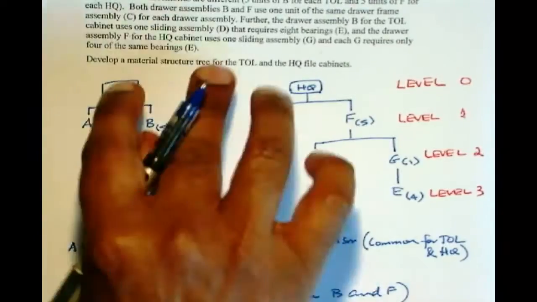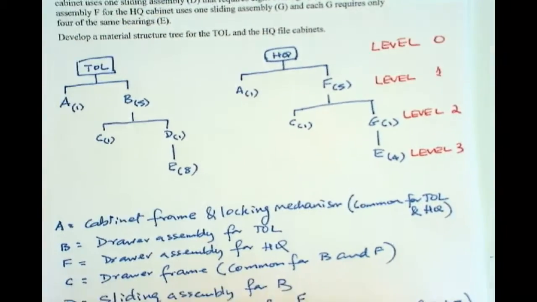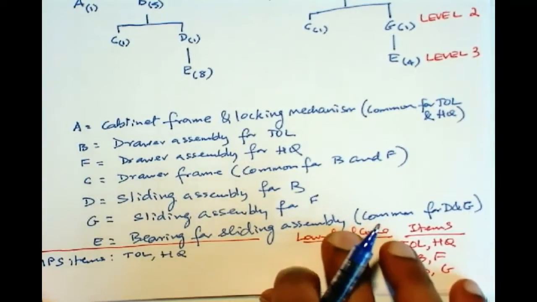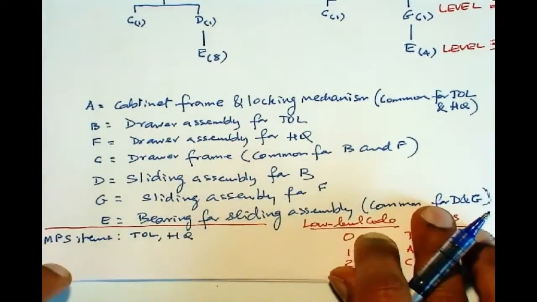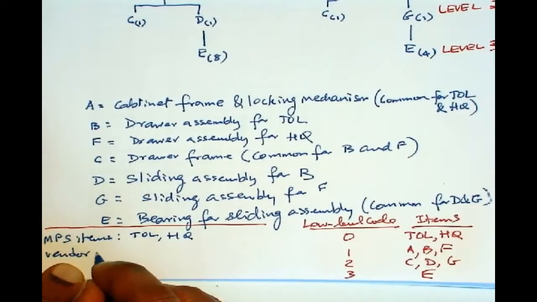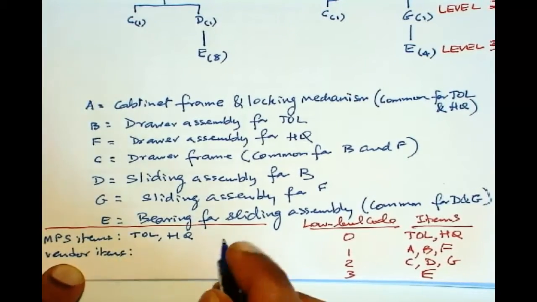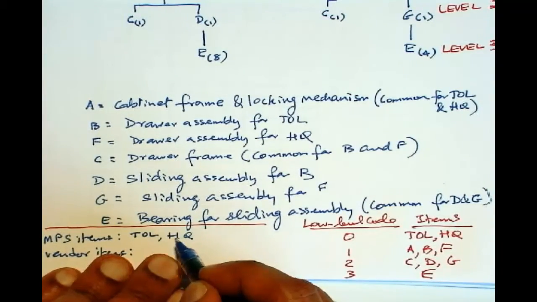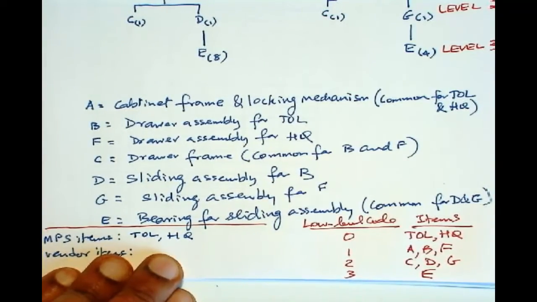So those are at the top. The MPS items are the ones with no parent.